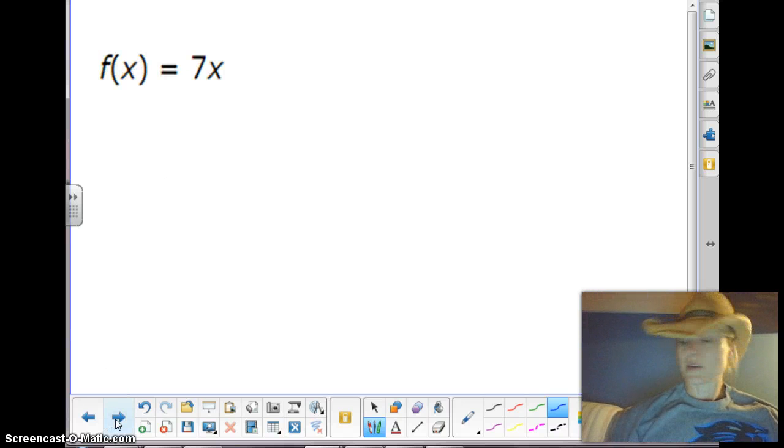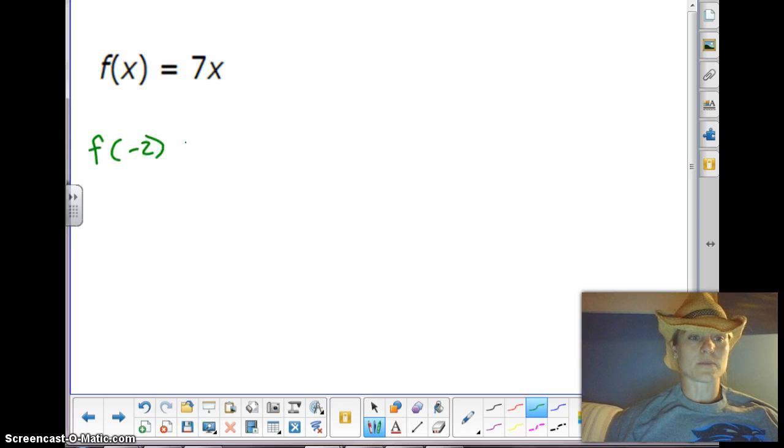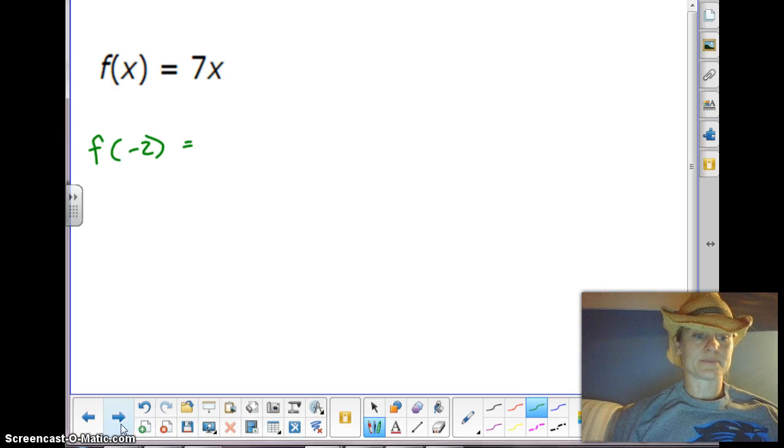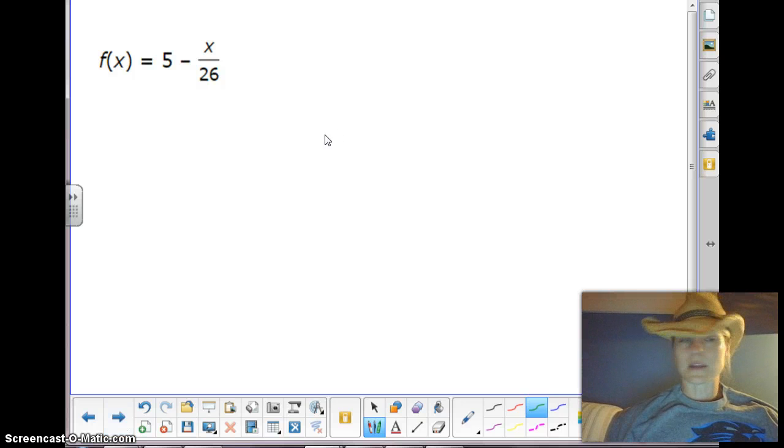So here's your example. I would like for you to find out f of negative 2. And look at your choices to the side. Here, I would like you to find out what f of negative 52 is.